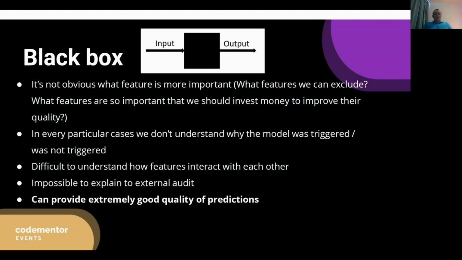So what are the downsides of a black box? It's not obvious which feature is most important, and it's quite important because, if some feature is very important, maybe we can invest more money to get this feature more precisely.